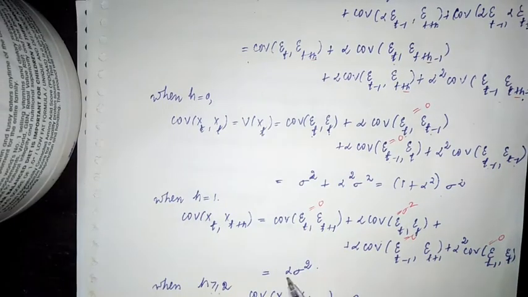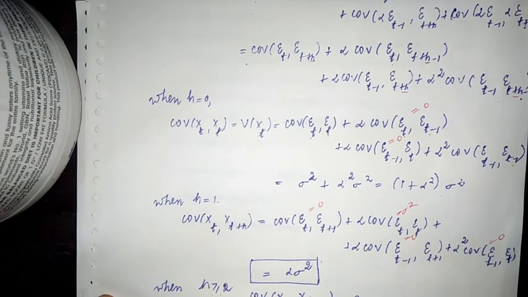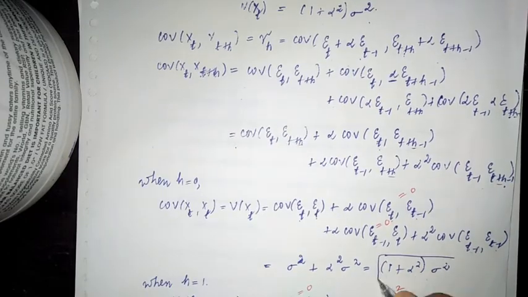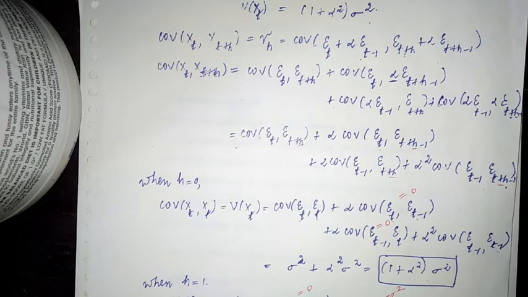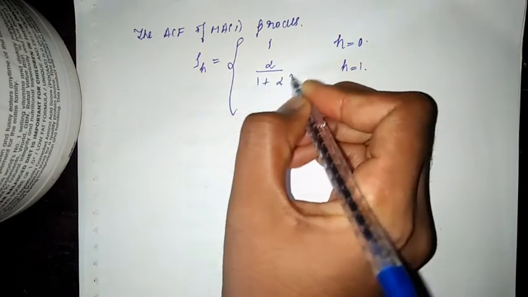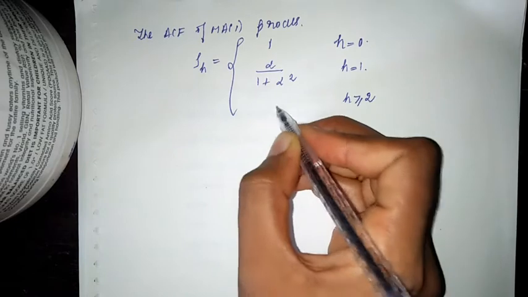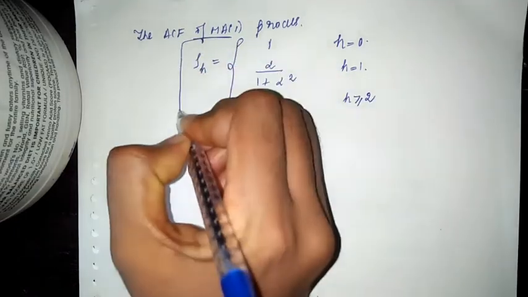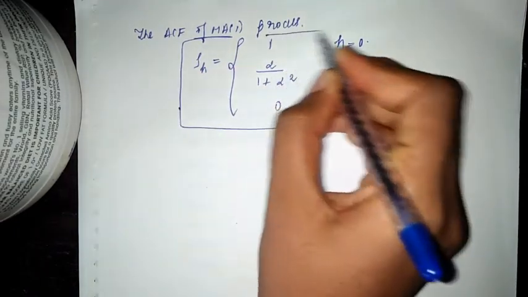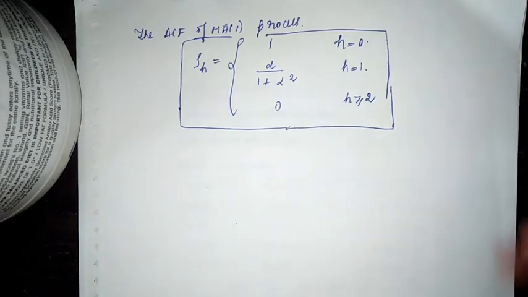So when h is equal to 1, what is covariance? This term, alpha into sigma square, divided by variance. So variance is here. This term, covariance divided by variance. So it is nothing but alpha by 1 plus alpha square. When h is greater than or equal to 2, the ACF is 0. So this is the expression for ACF of MAQ process.